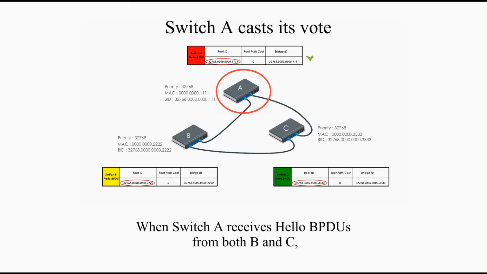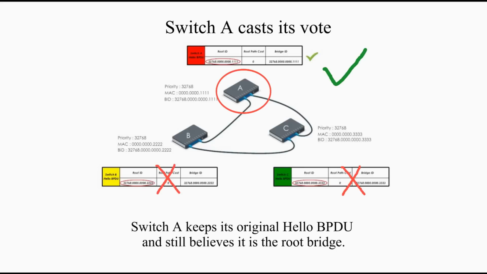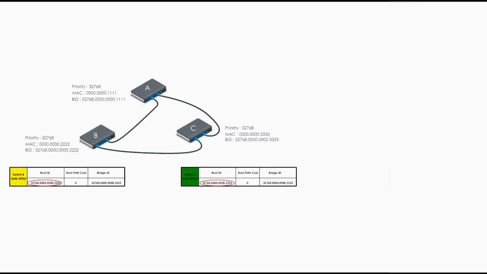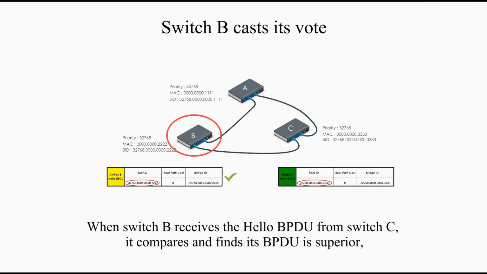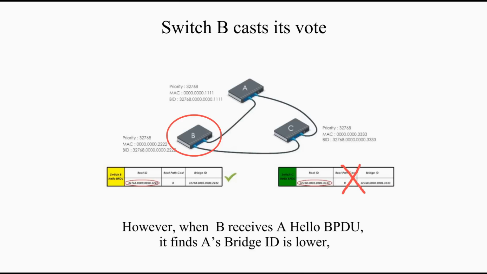When switch A receives Hello BPDUs from both B and C, it checks and discards their BPDUs because its bridge ID is lower than both B's and C's. Switch A keeps its original Hello BPDU and still believes it is the root bridge. When switch B receives the Hello BPDU from switch C, it compares and finds its BPDU is superior and thus discards switch C's Hello BPDU.